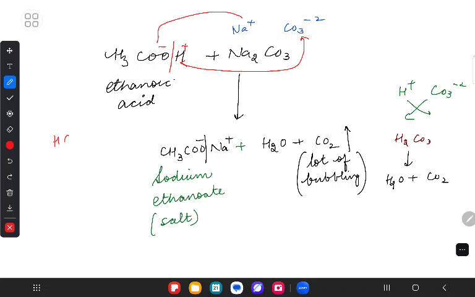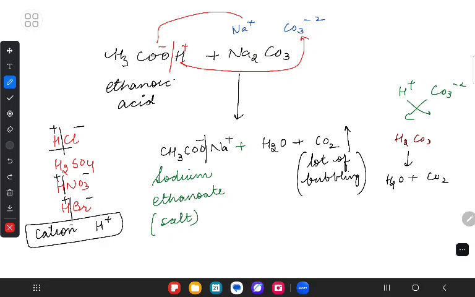So let's say if I give you HCl, H2SO4, HNO3, HBr, so what exactly happens? All of these have a cation as H plus. So if anything has a cation H plus, it is going to be hydrochloric acid, sulfuric acid, nitric acid.